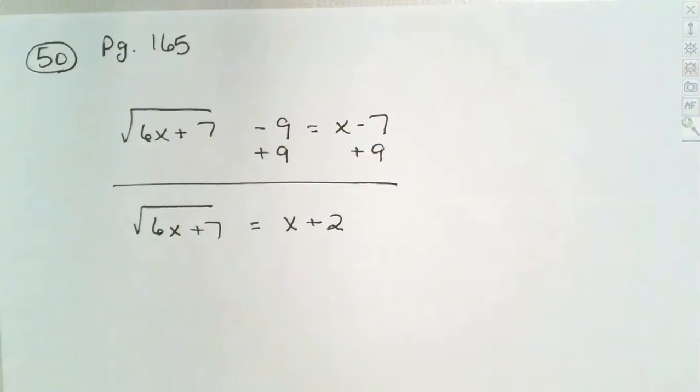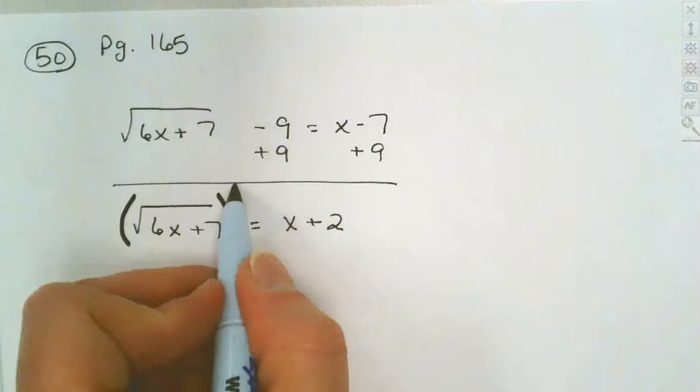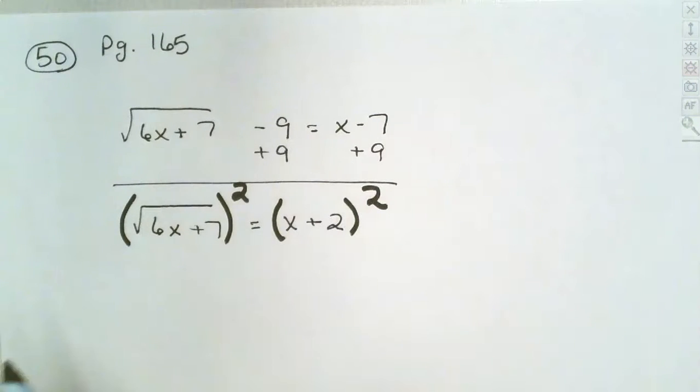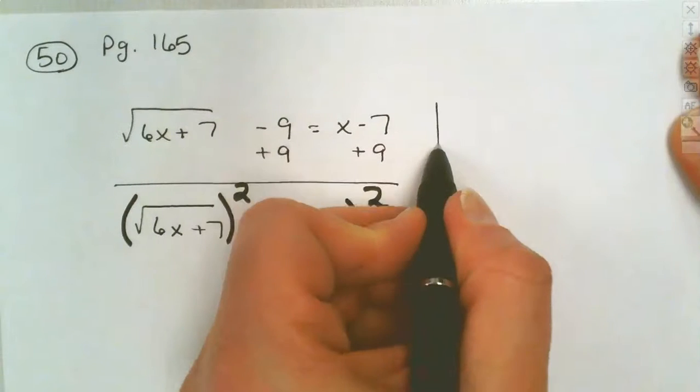Now, how do I get rid of a square root? I square. So we're going to go ahead now and square both sides. When we square the right-hand side, that's going to make us FOIL.